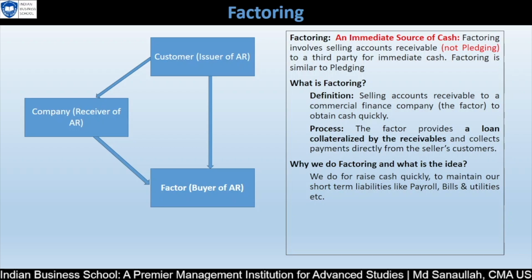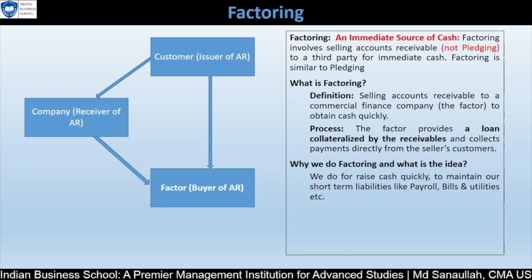Here we are selling our account receivable, the receipt we receive from our customer or client who has given us a note with a promise that they will pay this much money after the credit period. Either you can give them a discount, telling them I will give you 2% or 5% if you pay me immediately. If they pay, that is okay. If they are not ready to pay, they want to take credit, and you need cash, for that you can go ahead with factoring.